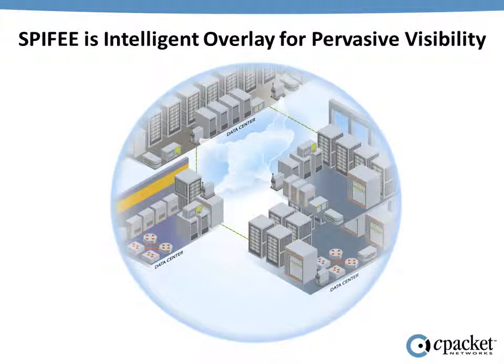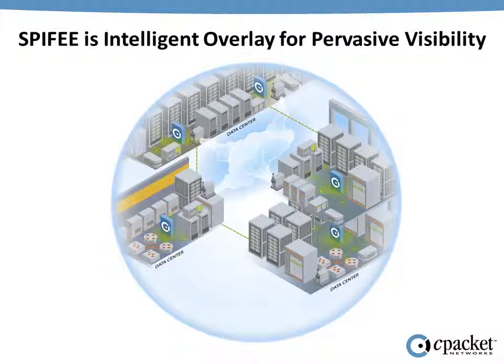SPIFEE is implemented as an overlay on top of an existing network infrastructure. You have different types of equipment: virtual servers, routers, switches, in disparate physical locations. The CViews are deployed in a distributed fashion across the environment to monitor critical links.